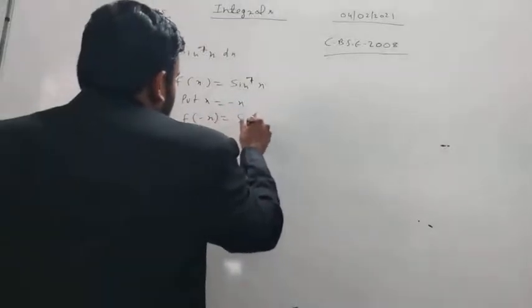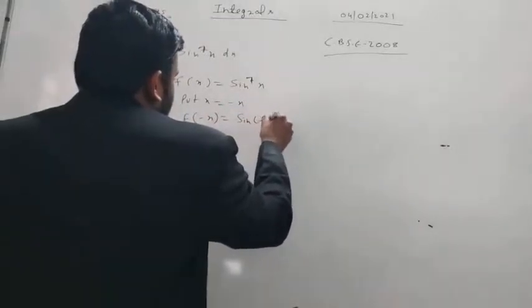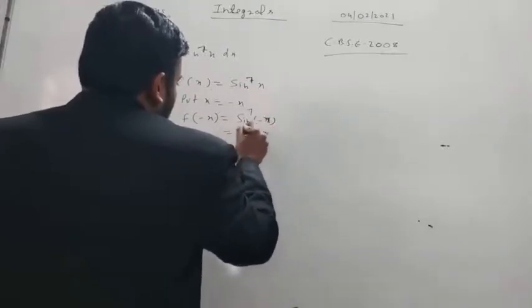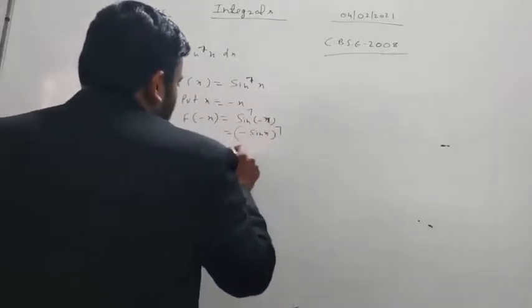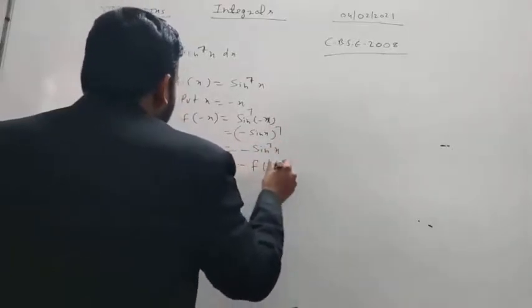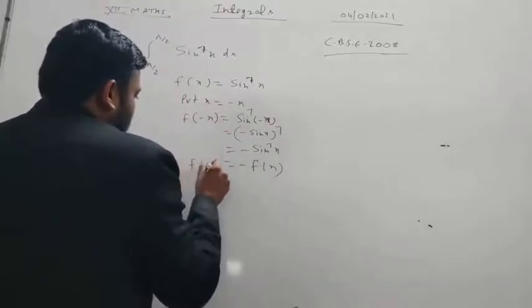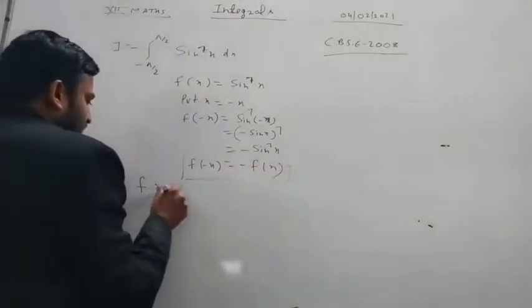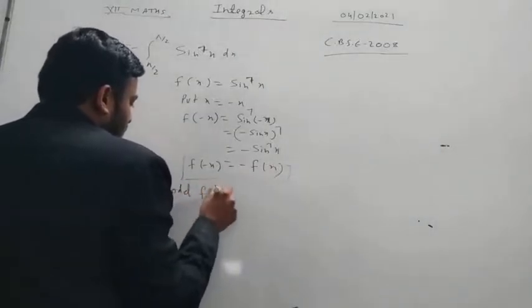So we write sin(minus x) to the power 7. So students, this is minus sin x to the power 7 and this is equal to minus sin^7 x. So this is minus f(x). So f(minus x) is equal to minus f(x). It means that our function is an odd function students.